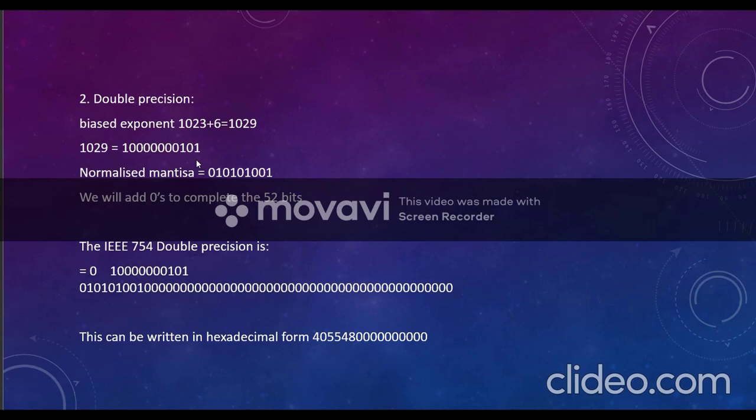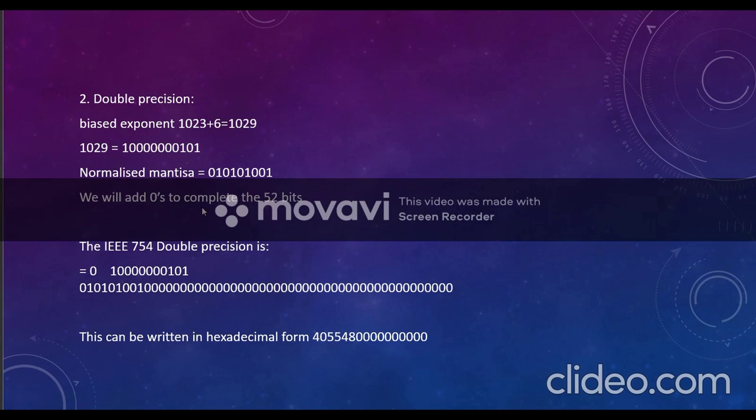And now the normalized mantissa is the same for 32-bit as well as for 64-bit, so it is 0101010001. We will add zeros to complete the 52 bits.